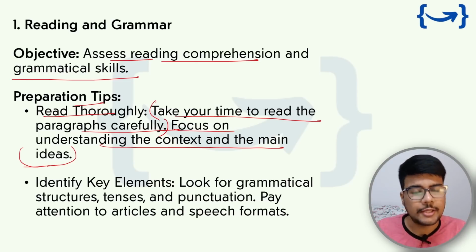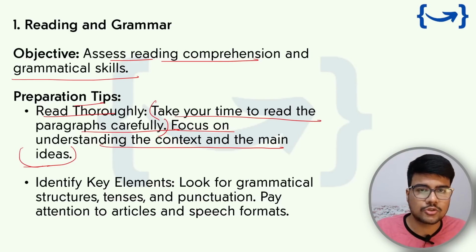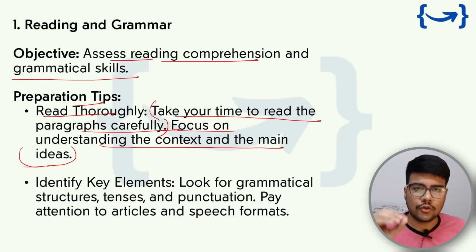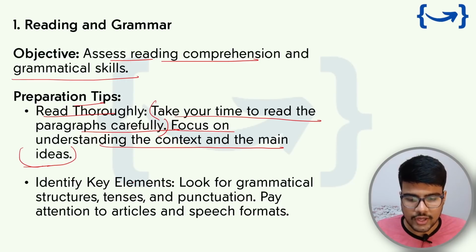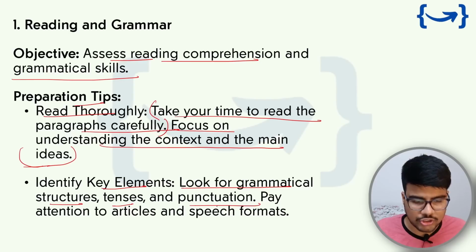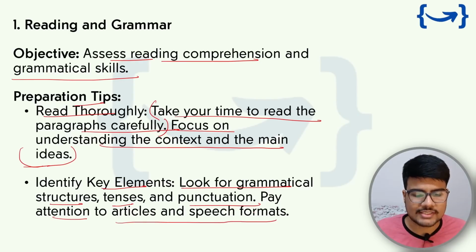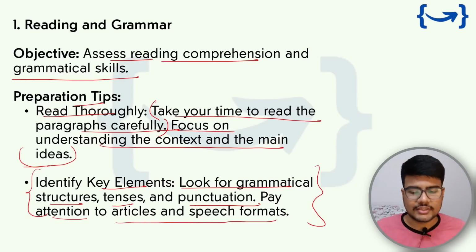Take your time and build your sentence, then only speak. You should take only a few seconds to think, not 1, 2 or 3 minutes. Have patience, think for 1 to 3 seconds, create your sentence and start speaking. Now, identify key elements: look for grammatical structure, tenses, pronunciation, and pay attention to articles and speech format. In this case, ChatGPT or Gemini Pro will help you.